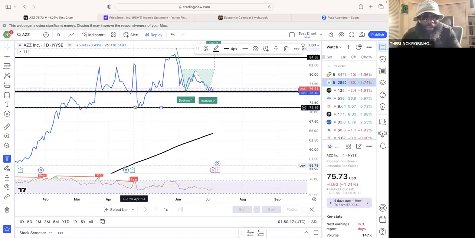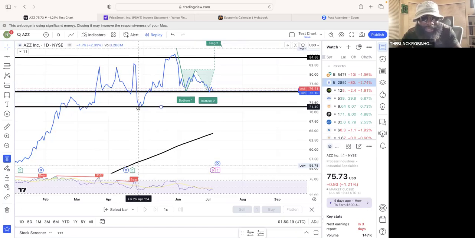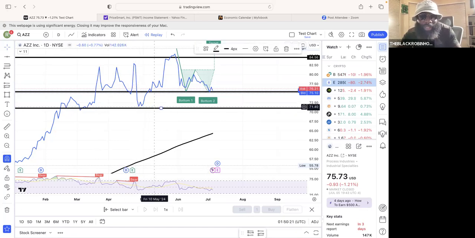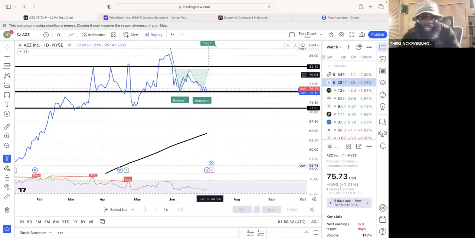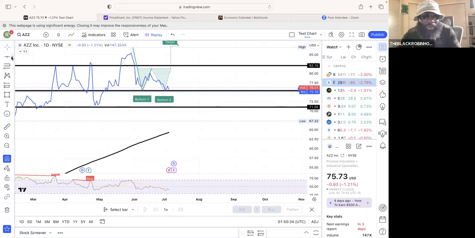So now you know that if it breaks down, this is going to be the next level of support, 7105. This is the current support, which is a decent support, right? And this will be like resistance. So if we buy, we are looking to get out somewhere here, 82.